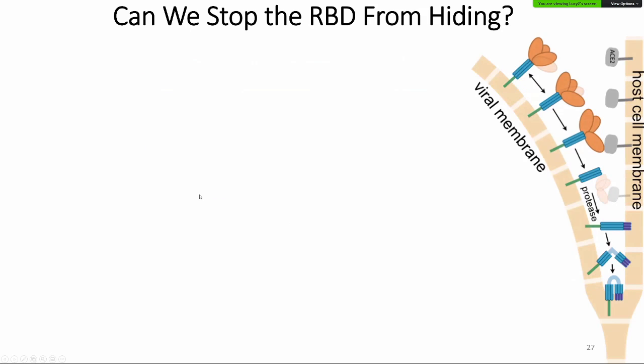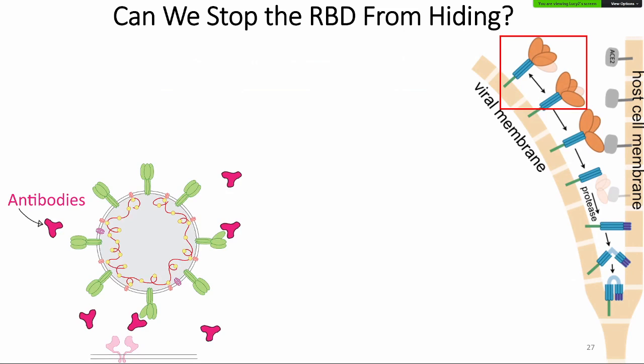So one of the things that we are interested in determining is if we can stop that receptor binding domain from hiding, right? This first step up here, where it has to go from that down conformation I showed earlier into the up state. If we can somehow stop it from hiding, that might make it easier for our own antibodies to sort of pin it down, right? So here we have our little antibody diagram again.